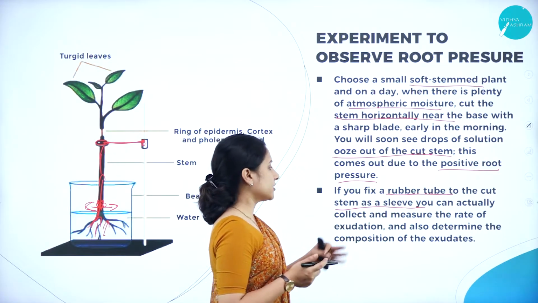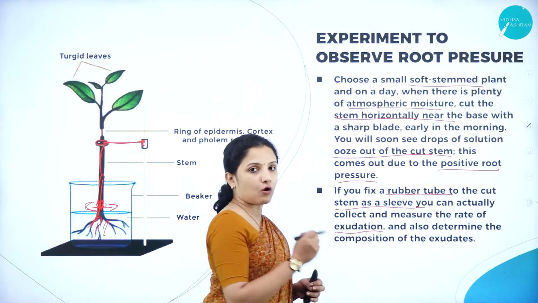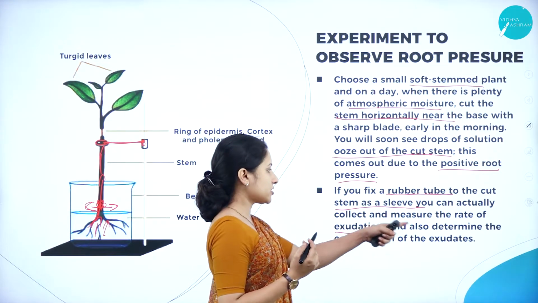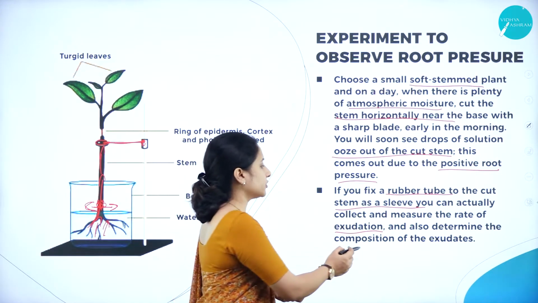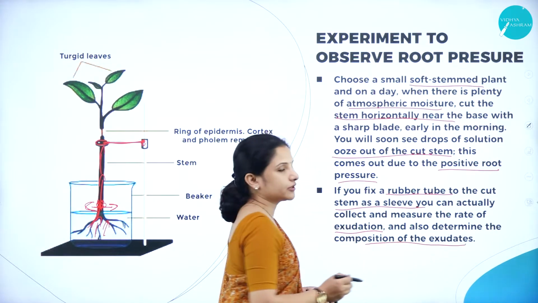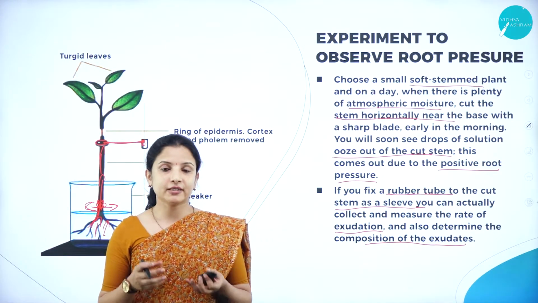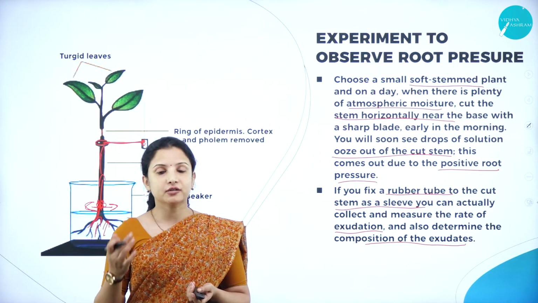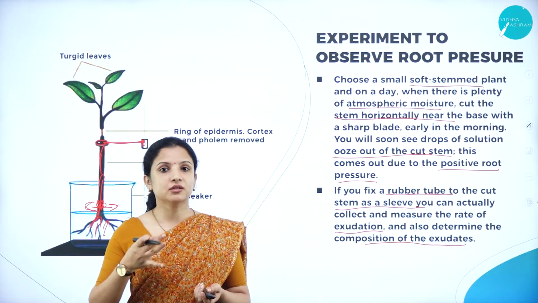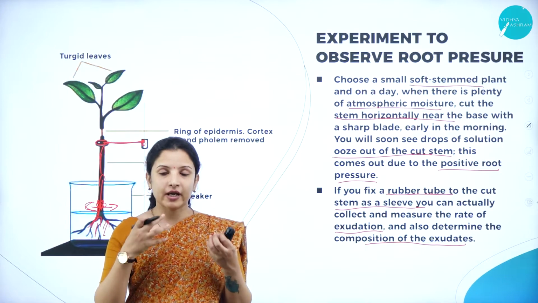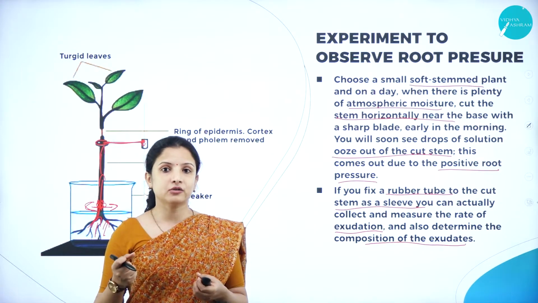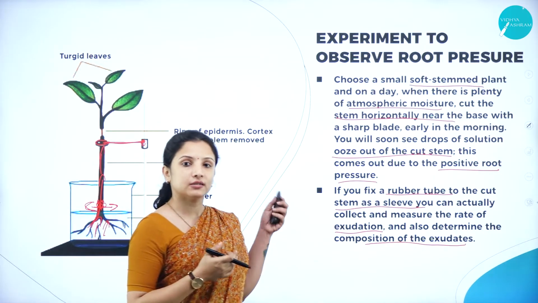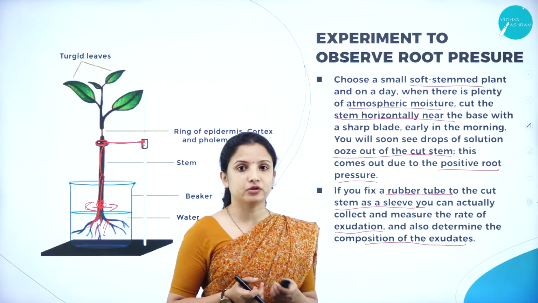And he measured the rate of exudation of the water, that is how much water was given out by the oozing out of the stem. He measured and determined the composition, what all is there in the exudate. So he found out that in the exudates there were a lot of different mineral ions as well. So therefore he understood that root pressure is the one that actually helped in the suction of water by the roots and its transport through the stem part. So that is how in this particular experiment he was able to conclude.